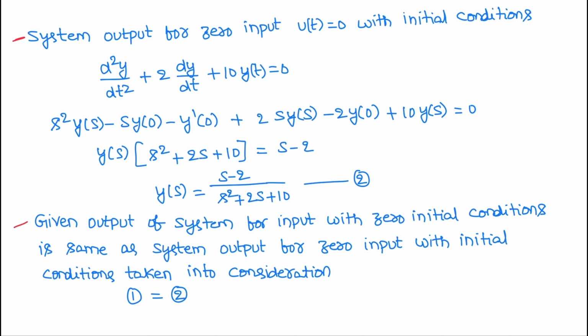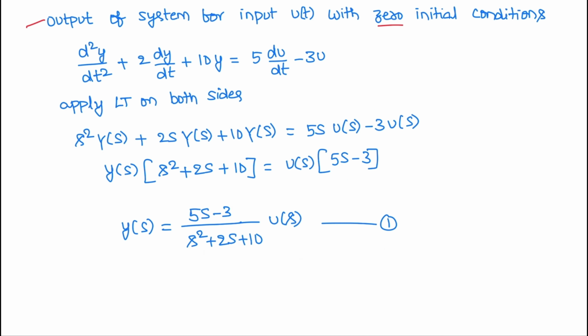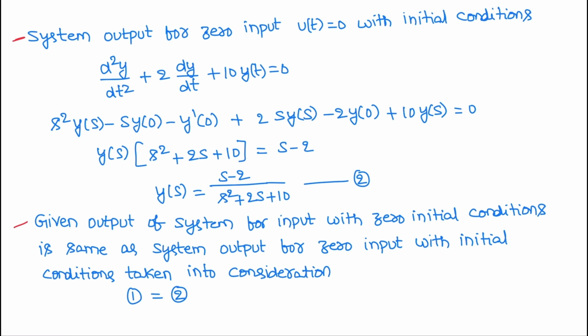Also given in the question, the output of the system for input with 0 initial conditions is same as the output of the system for 0 input having the initial conditions taken into consideration. So this equation 1 and equation 2 are same as per the given question.